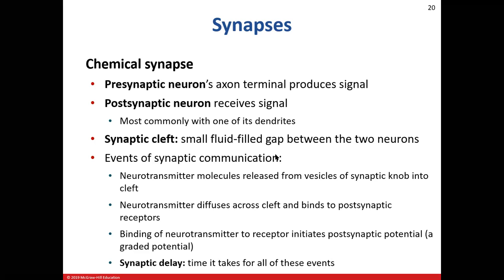Now, the crossing of the neurotransmitter across the synaptic cleft is what we know as synaptic delay. Synaptic delay is the time it takes the neurotransmitter to be released, to cross the cleft, and to bind to the receptor. These three steps are all part of synaptic delay.